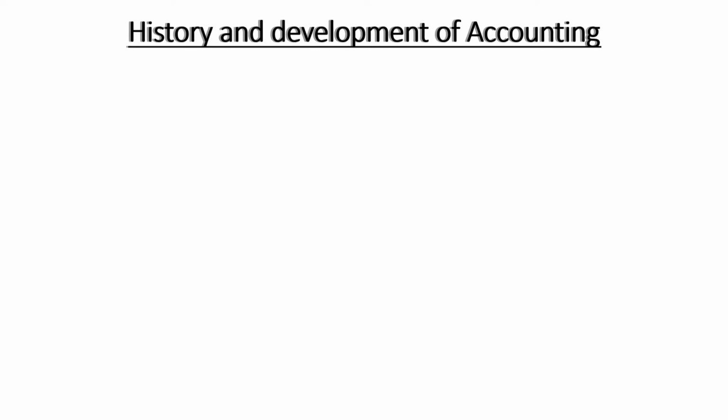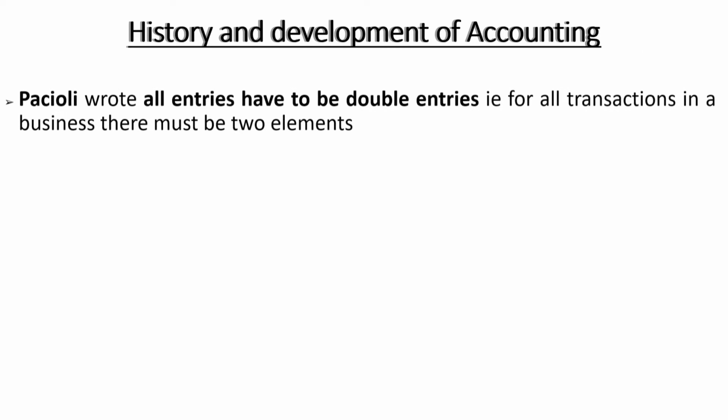Luca Pacioli, as we have already said, is regarded as the father of modern accounting. Pacioli wrote that all entries have to be double entries. That is, for all transactions in a business, there must be two elements. So we are coming to the double entry accounting system.